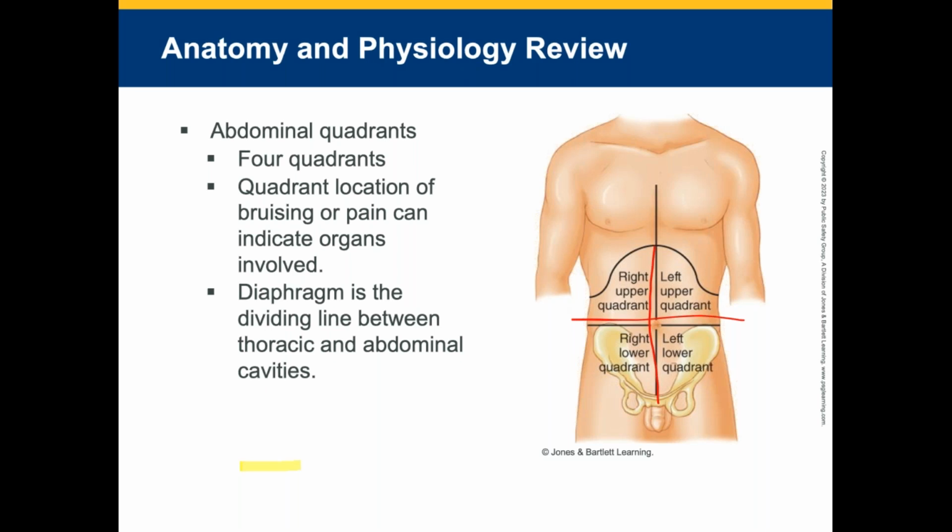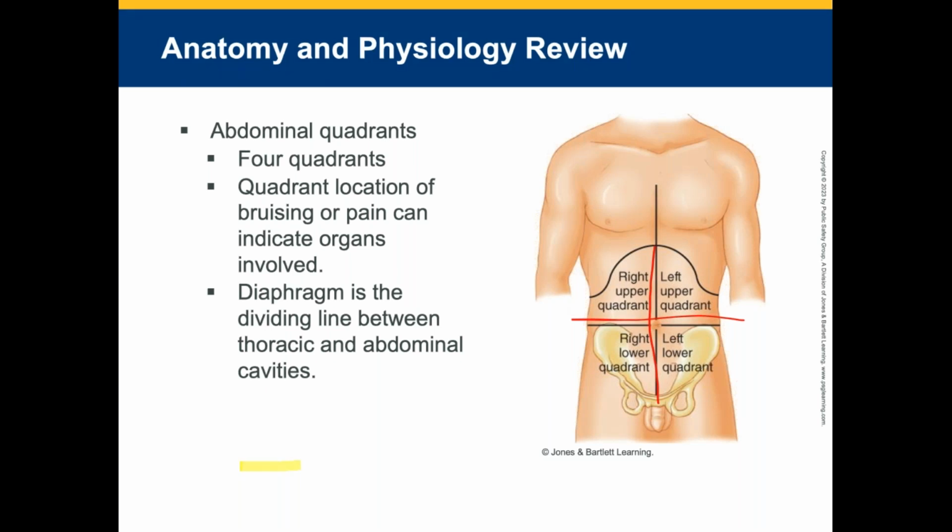So we have 4 different quadrants: the right upper, right lower, left lower, and left upper. The quadrant location of bruising or pain can really delineate which organs are possibly involved in a traumatic injury.